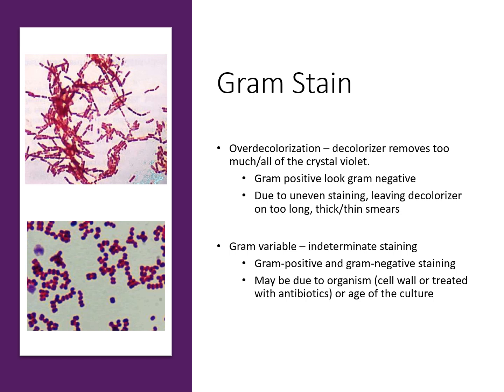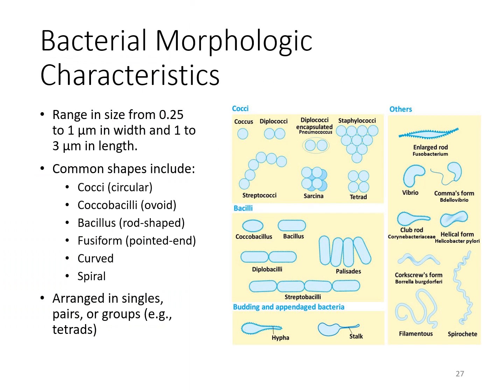And so this is where your training and recognizing what the bacteria look like will help you to be able to detect when something like this has happened. So not only do we look at how it stains as far as gram positive or gram negative, but we also look at the shape and arrangement of the bacteria.